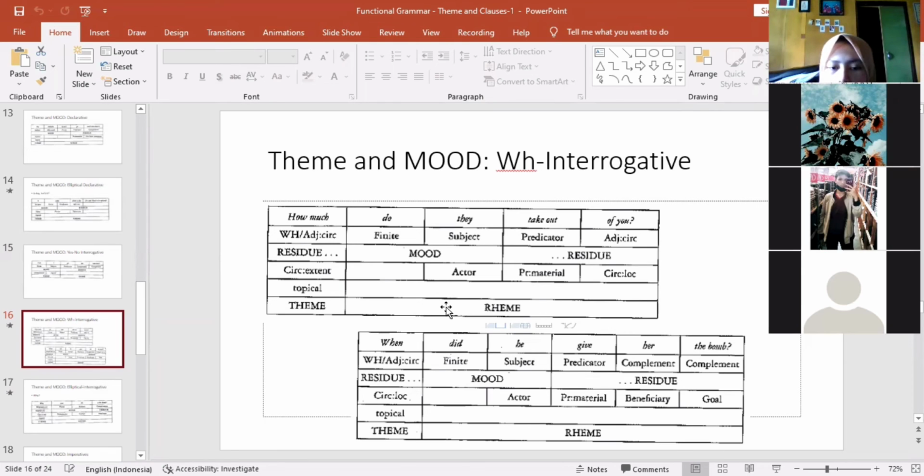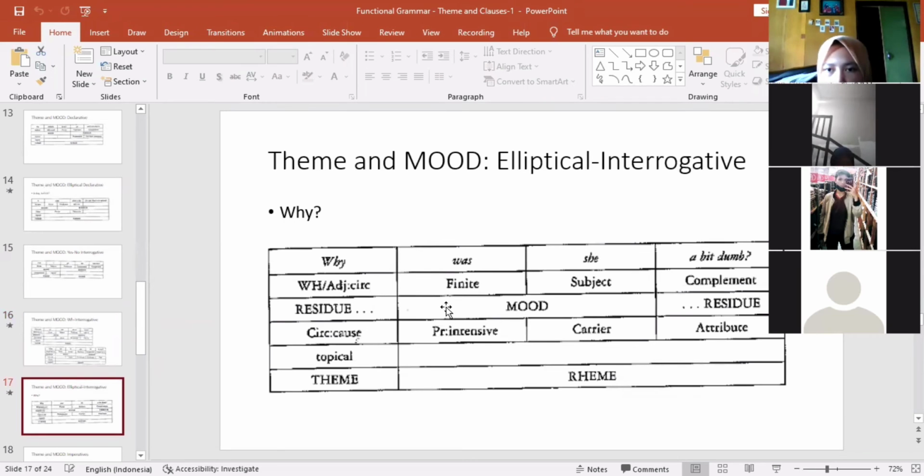And then for the transitivity analysis, when is circumstance of location, he is actor, give is material process, her is beneficiary, the bump is goal. And then for the theme and Rheme analysis, when is topical theme, and the rest is Rheme.